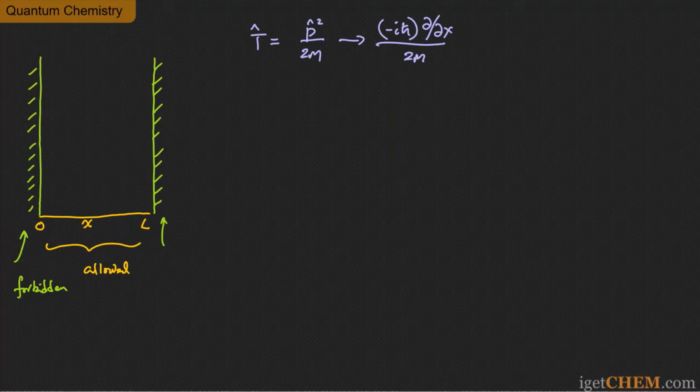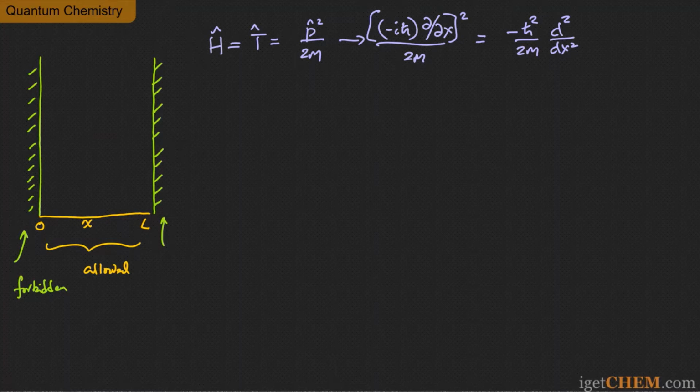So this is over 2m, but on top this is going to be squared. It will come out to be minus h bar squared over 2m, and because it's in one dimension, I'll just write d squared by dx squared. That is the only term in the Hamiltonian.